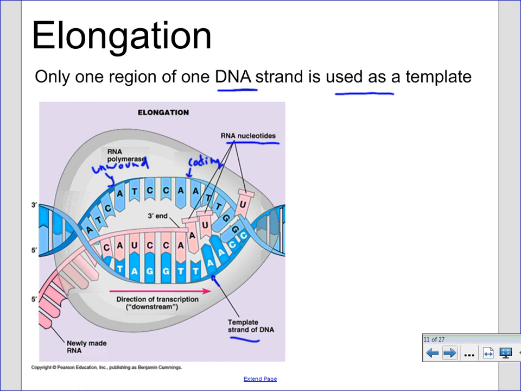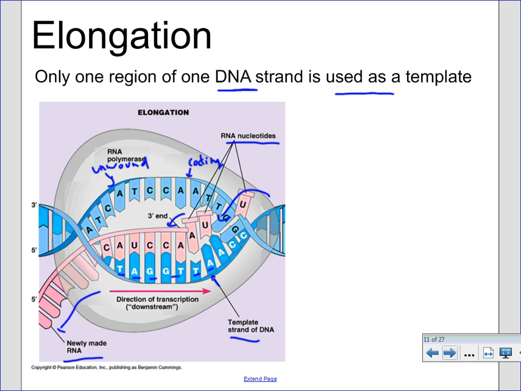Those RNA nucleotides then get incorporated or used by RNA polymerase to create that new RNA strand or that RNA transcript. And so RNA polymerase will read the sequence on the template strand to tell it what RNA nucleotides need to be incorporated.